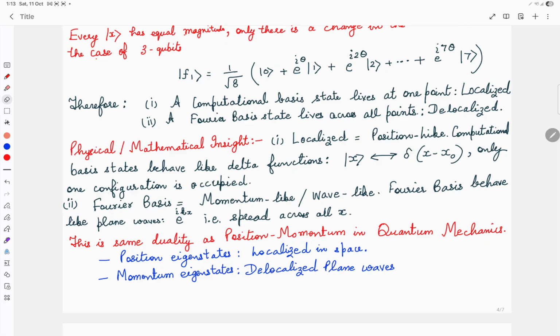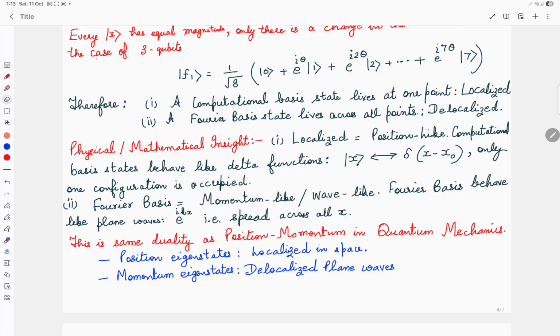But the Fourier basis, so the computational basis which is localized behaves like a position. If we take the quantum property, it behaves like a position characteristic of quantum mechanics, whereas the Fourier basis behaves like a momentum type of quantum behavior, which is wave-like behavior.